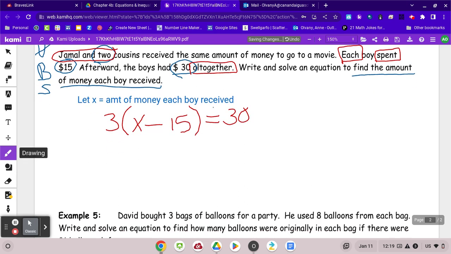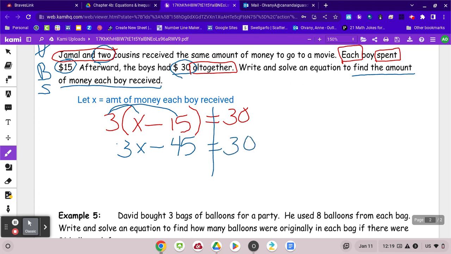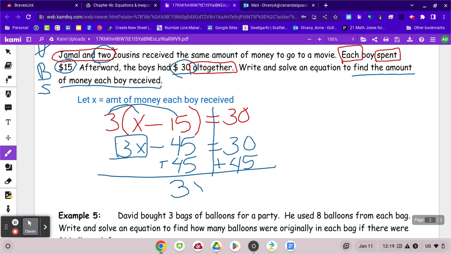Okay, so I have a variable and an equal sign. I need to distribute 3x minus, you can use your calculator if you need to, 45 equals 30. Box up my x, take the inverse of what's outside of the box. 3x equals 75.